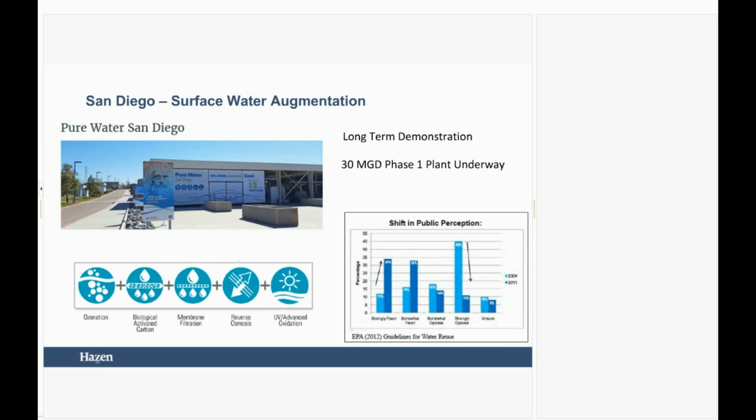The famous toilet to tap phrase really had its genesis in San Diego. But with the drought and increased public outreach, there is now a revitalized project going ahead in San Diego, and in fact a 30 MGD plant is currently under design for surface water augmentation, so there's been a real turnaround.